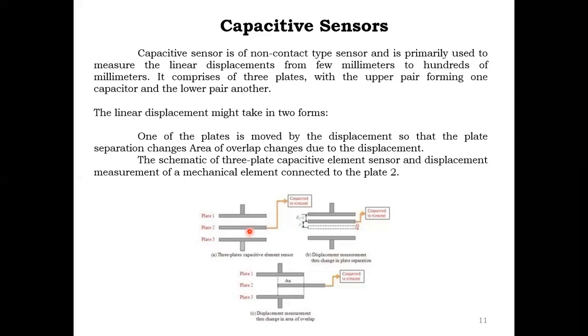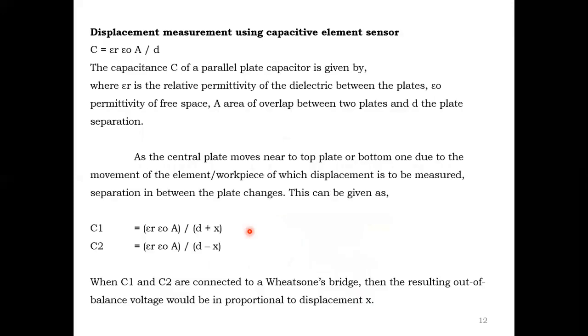Using capacitance variations we can calculate the distance, that is, the displacement. The formula is C is equal to epsilon R epsilon 0 A divided by D, where C is the capacitance of the parallel plate capacitor, epsilon R is the relative permittivity, epsilon 0 is the permittivity of free space, A is the area of overlap between the two plates, and D is the plate separation. This is the formula for a common capacitor.